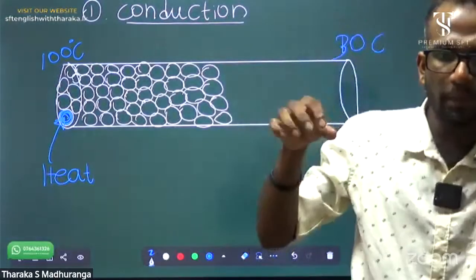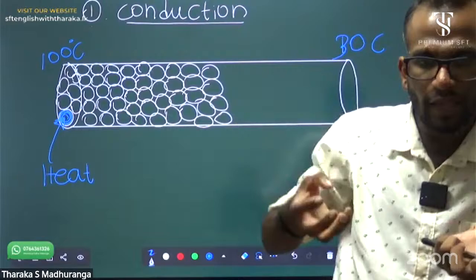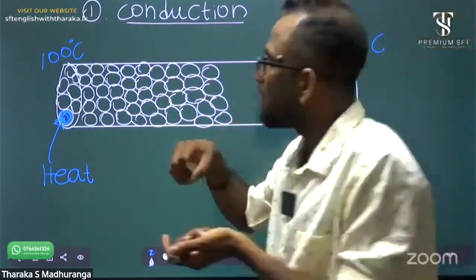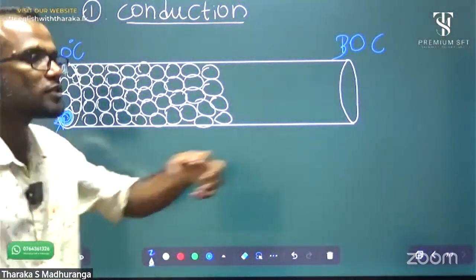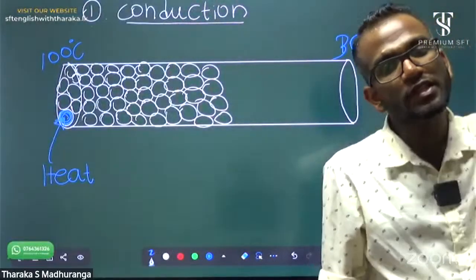They start to vibrate, and their molecular kinetic energy increases. Actually, temperature means kinetic energy. They absorb some heat and increase their kinetic energy. Due to this kinetic energy increase, they vibrate and collide with the nearest molecules.